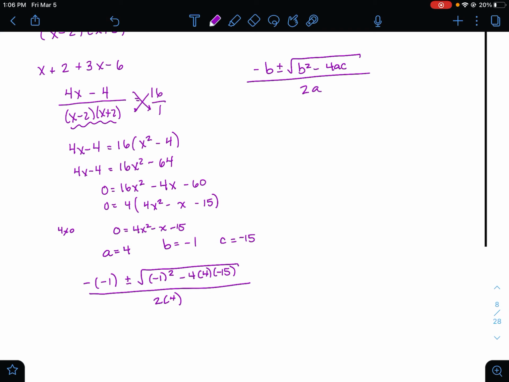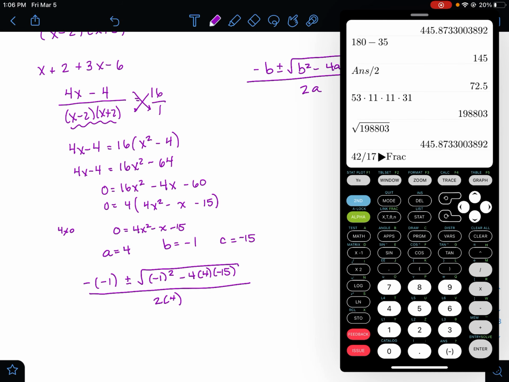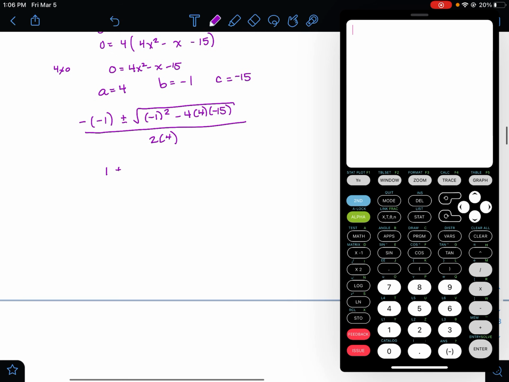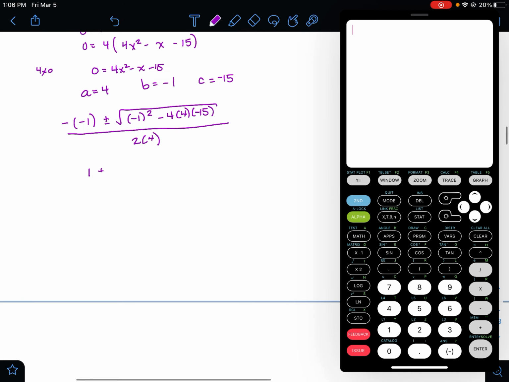So we have some work to do here. Let's go ahead and bring out our calculator, get some of this multiplication done. So negative times a negative is a positive 1, plus or minus. Whoa, that's a bad minus. All right, so I'm going to go ahead and do all this. So I know 1 squared is 1.